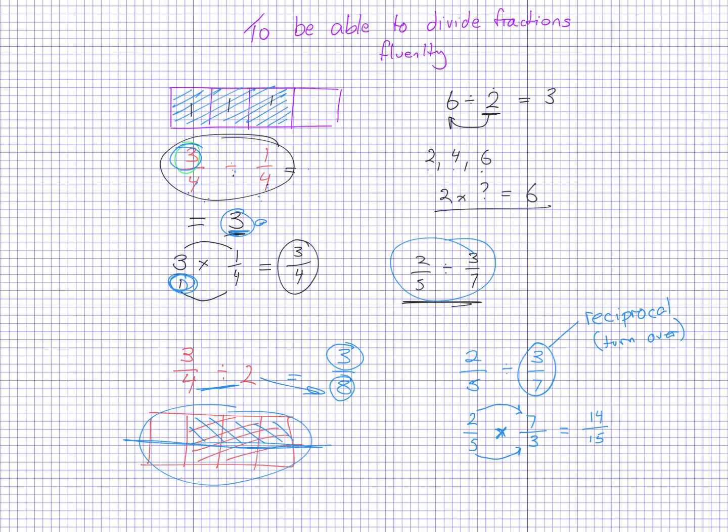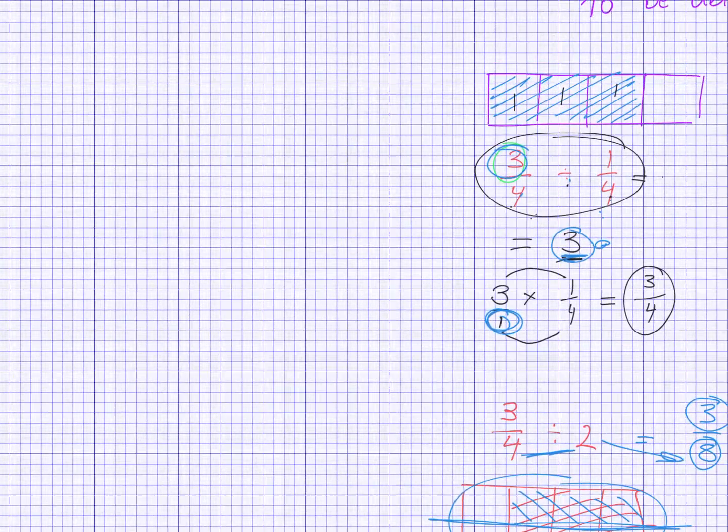Oops, sorry. Let's see if the same pattern would have worked here for these first two problems. 3/4 divided by 1/4. So we first of all change the divide sign to a multiply, and we take the reciprocal of the second. So 1/4 becomes 4/1. Now, numerator by numerator will give us 12/4. 12 divided by 4 is the same as 3, and there is our answer. 3/4 divided by 2.